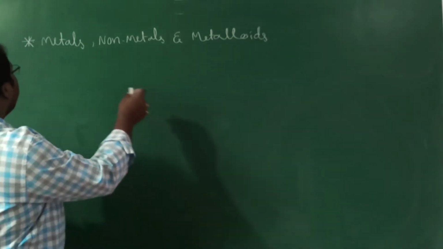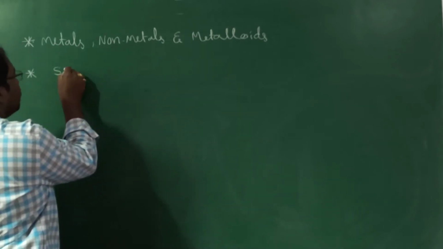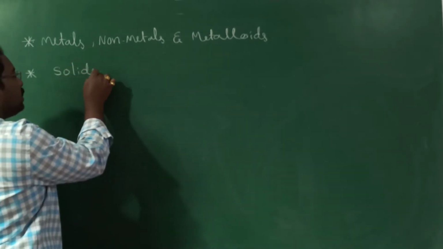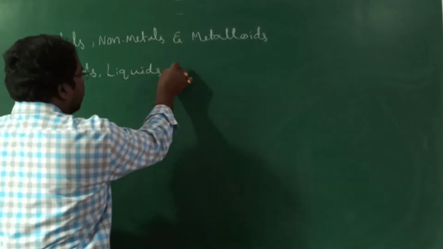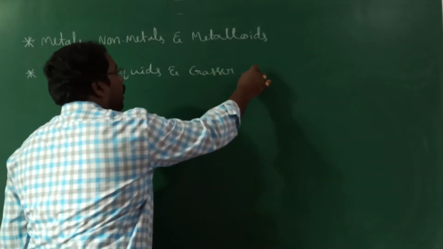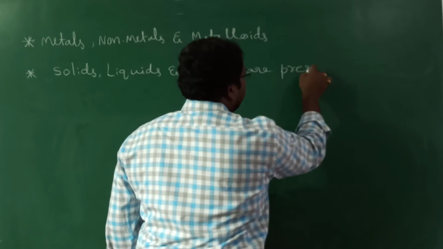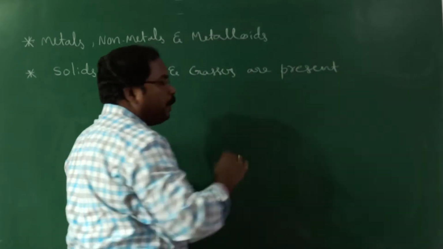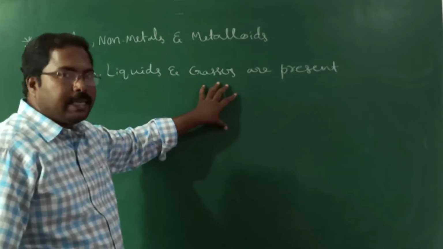Okay. Now coming to the physical state, if you observe, this contains solids, liquids, even gases are present in this. Okay, representative elements contain solids, liquids as well as gases.